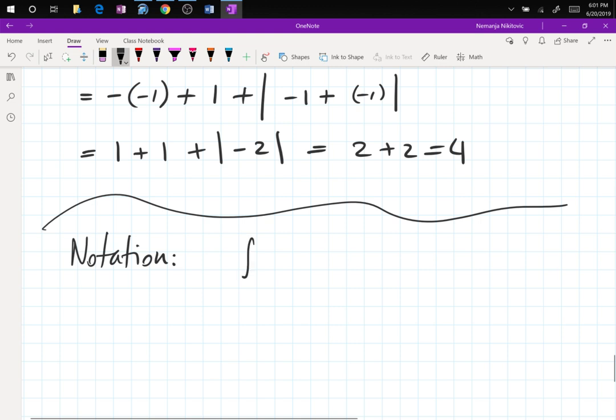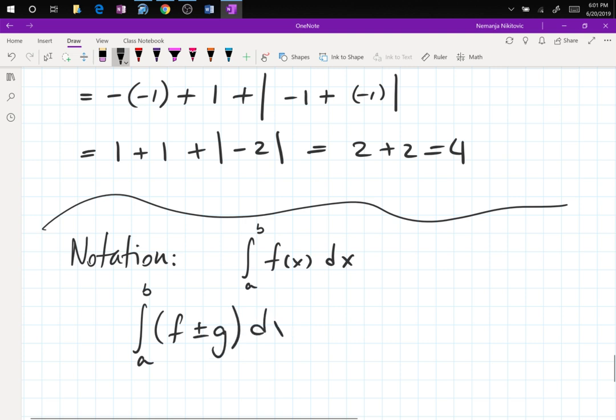You have integral a to b of f of x dx when you have a single term. But if you have multiple terms, then you are going to have f plus minus g dx. I'll write it in blood.